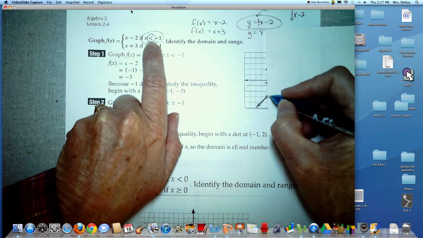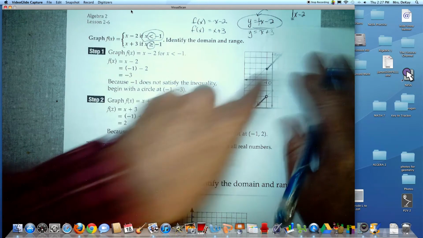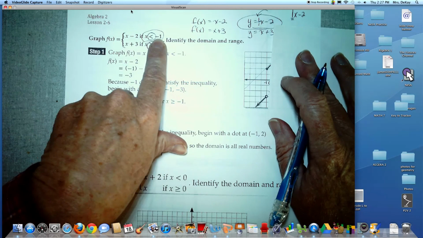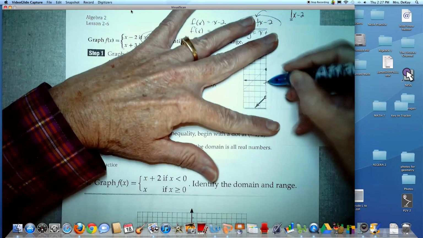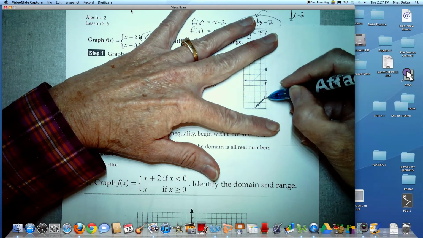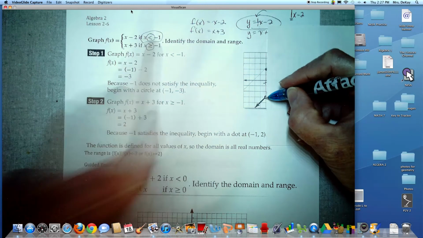It's just like the income tax chart. This is only true when this is occurring. You have to go on the x-axis to that number. Find your graph on that number, which would be right here. And where are the things that are less than -1? They're this way.